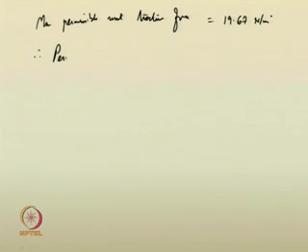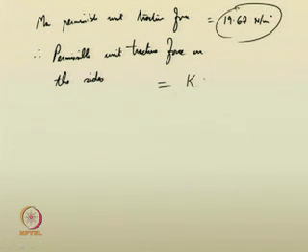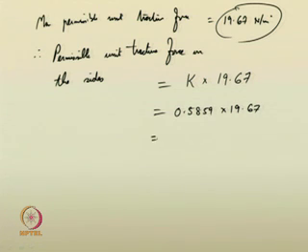Therefore, the permissible unit tractive force on the sides is K into 19.67, which is 0.5859 into 19.67. This will give you a value of 11.52 Newton per meter square.